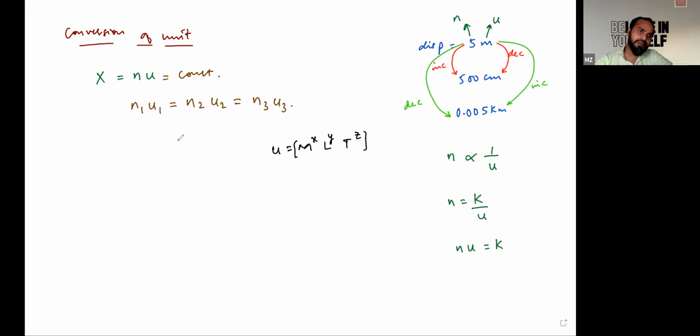If you put this expression into this part, it would be n1 M1 to the power x, L1 to the power y, and T1 to the power z is equal to n2 times u2, which would be equal to M2 to the power x, L2 to the power y, and T2 to the power z. Is it clear to everyone? Yes, sir.